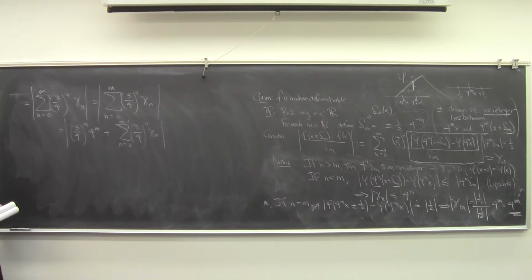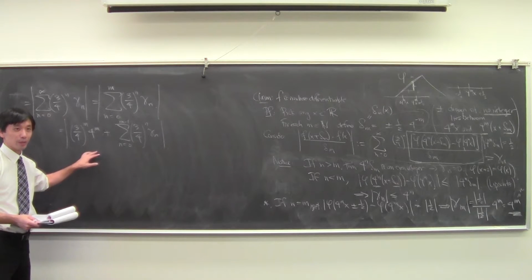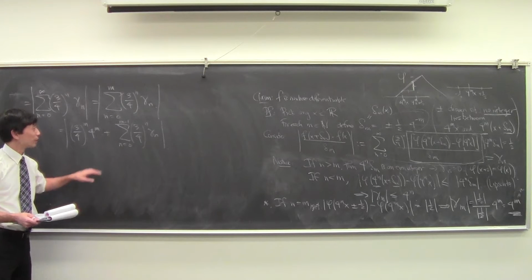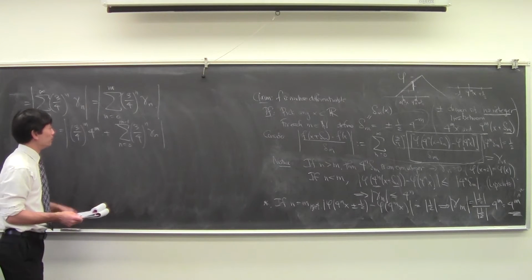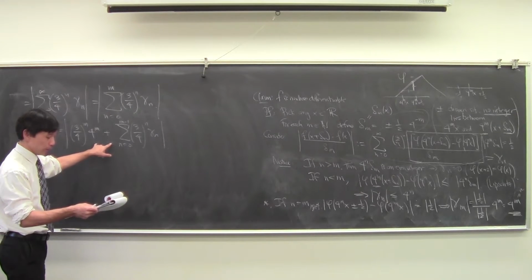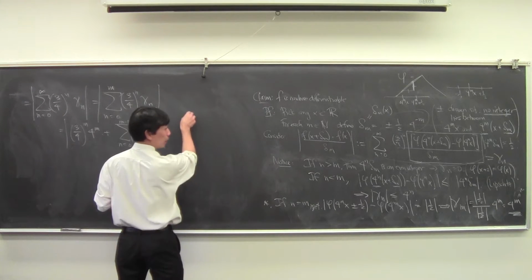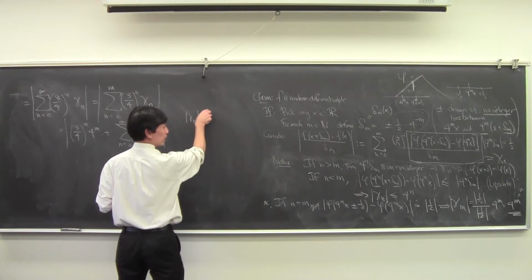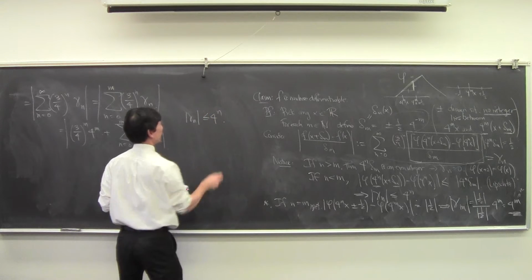Right? Well, no. Is it all right? You look like you have a question. No, you don't. Okay. And we know that all of the gamma sub n's are smaller than 4 to the n.